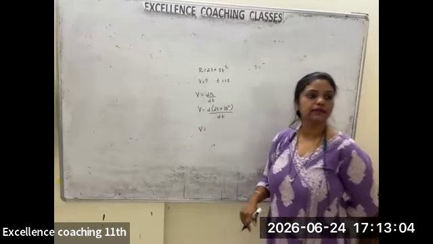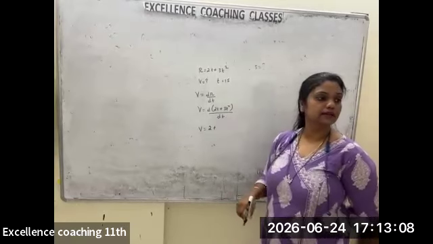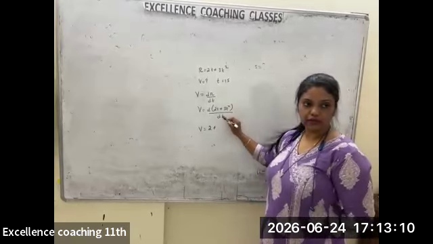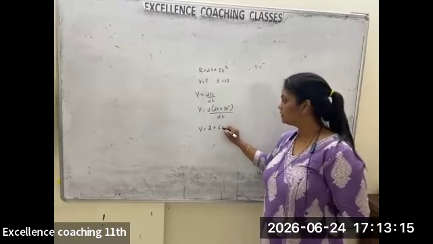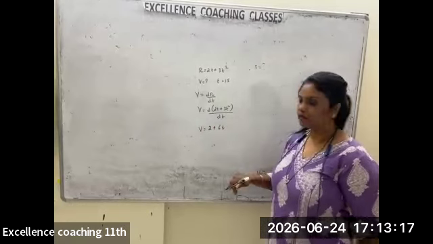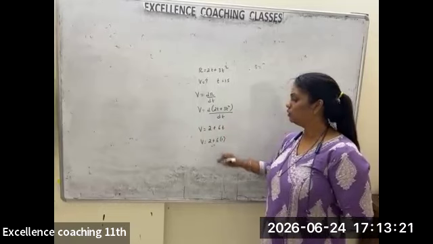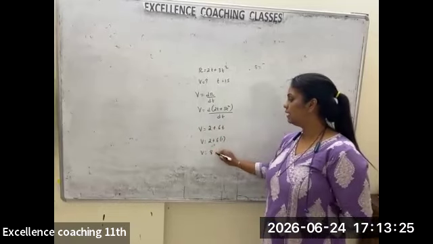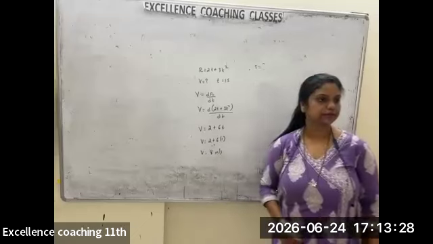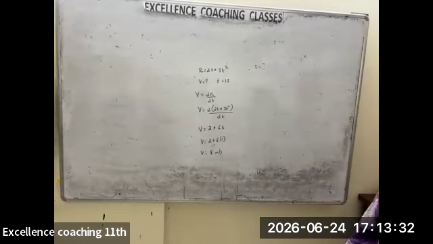What will be the derivative of 2t? Direct answer, 2. What will be the derivative of 3t square? 2 will come down, 2 times 3 is 6, power minus 1. Now what will be your velocity at t equal to 1 second? Answer will be 8 meter per second. Correct, no? Okay.